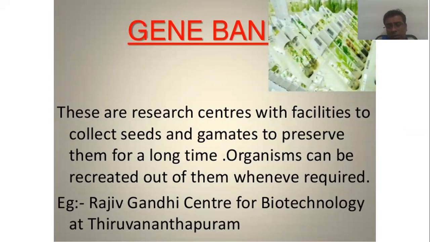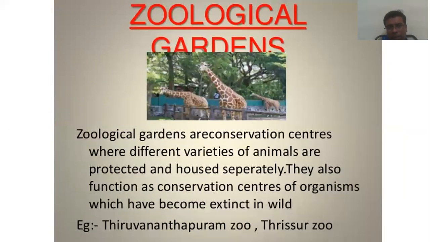We have to preserve the varieties so that we can use them anytime for specific applications. Organisms can be recreated out of them whenever required. That is the major advantage. An example of a gene bank is the Rajiv Gandhi Center for Biotechnology at Thiruvananthapuram.